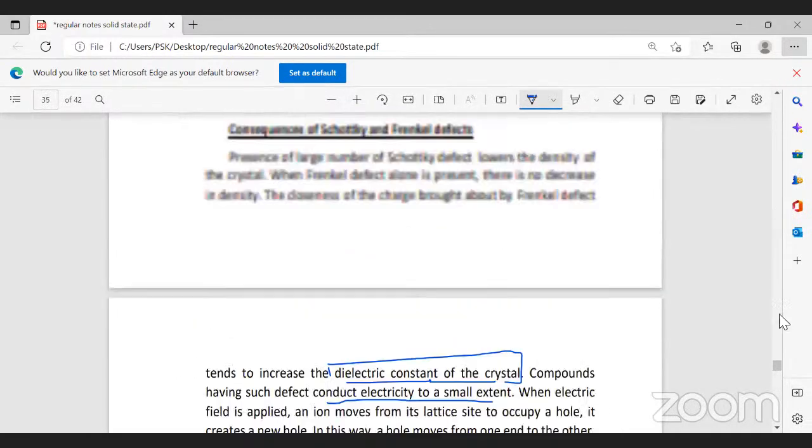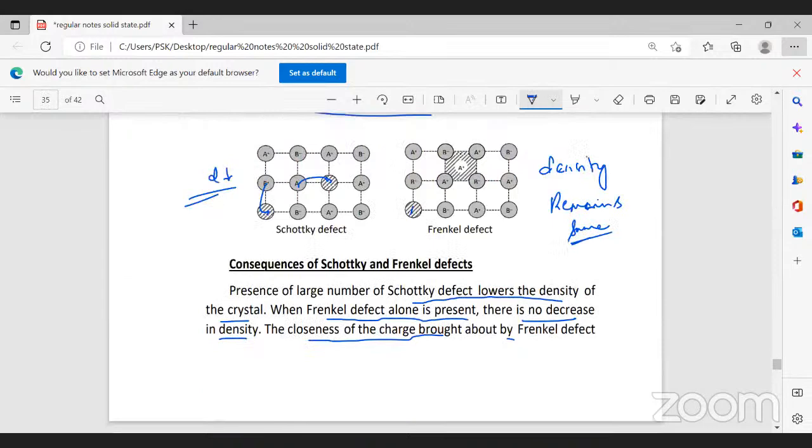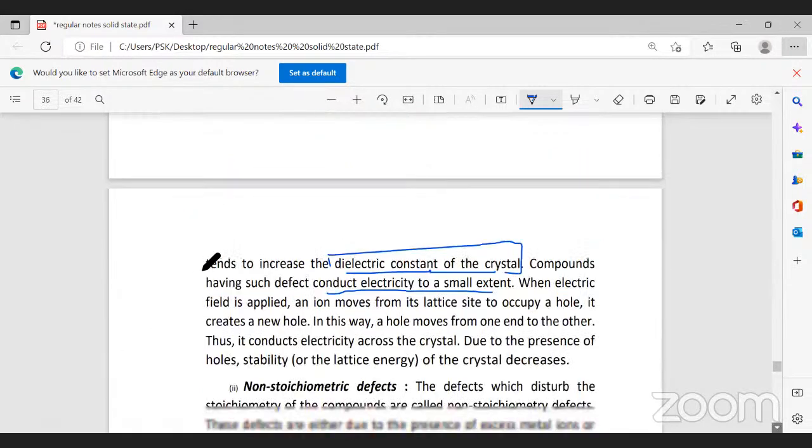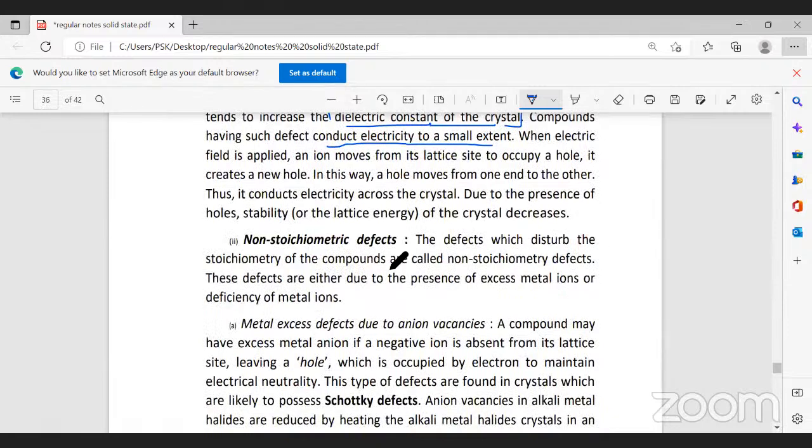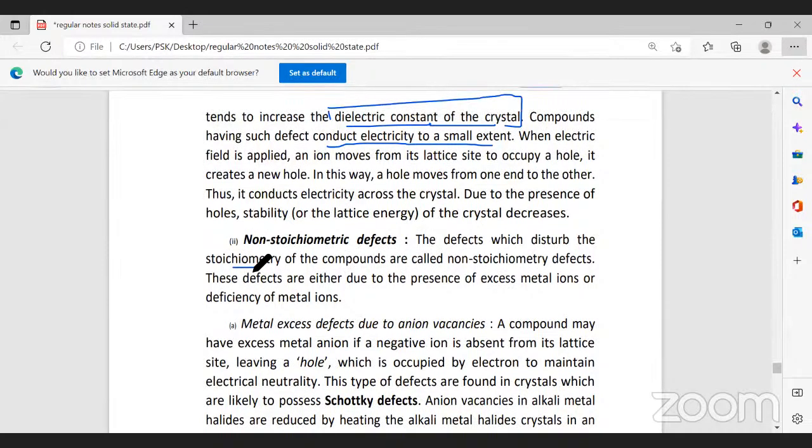Non-stoichiometric defects. Stoichiometry, you know what it is. Non-stoichiometric defect is the opposite of that. In Schottky defect and Frenkel defect, if you observe, the number of positive ions is equal to the number of negative ions. So stoichiometry was not disturbed there. Electrical neutrality was maintained.